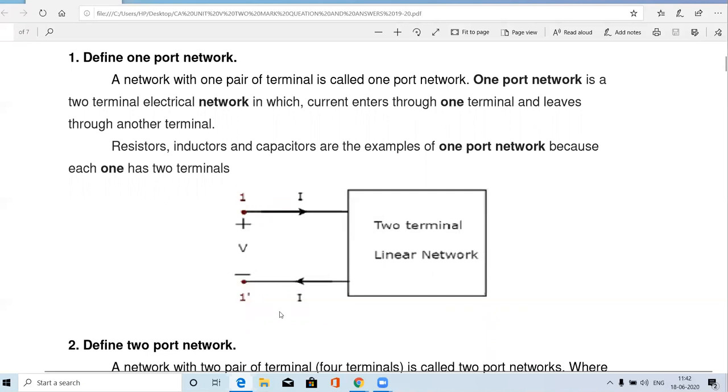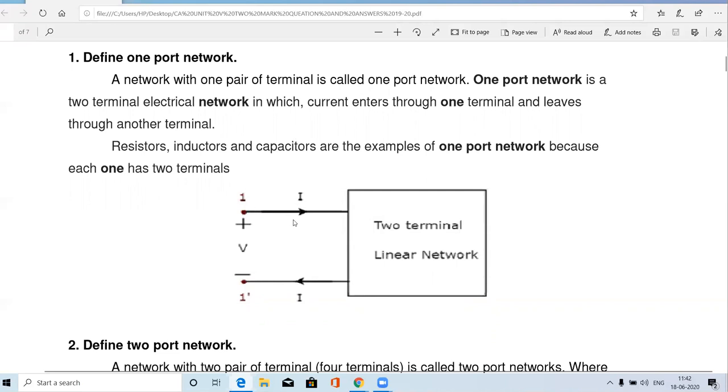In this one port network, the current enters through one terminal and leaves through another terminal. Examples of one port networks are the resistor, inductor, and capacitor, since they have only two terminals.